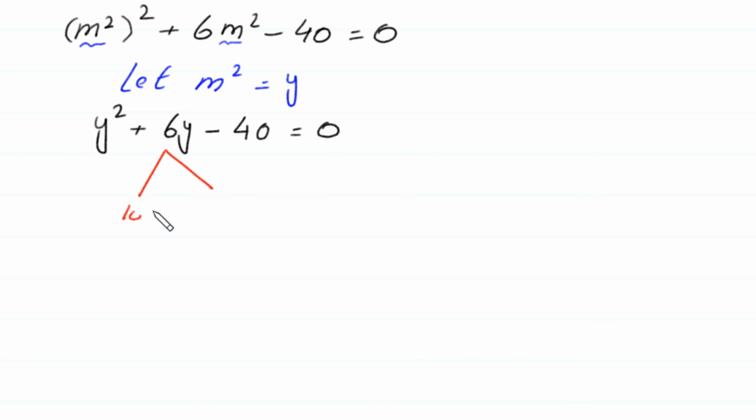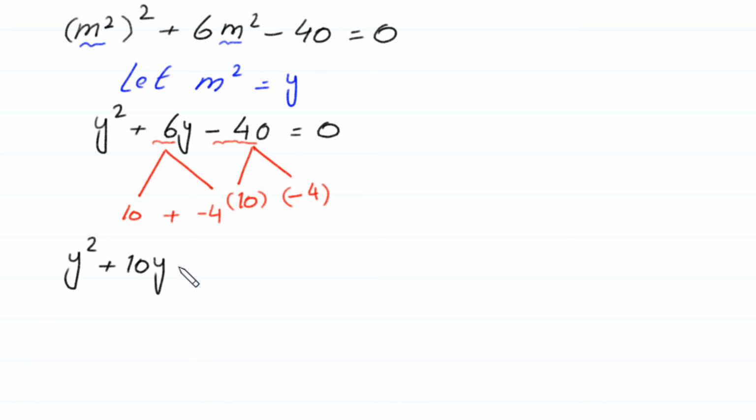The sum of 10 and negative 4 is equal to this 6, and the product of 10 and negative 4 is equal to this negative 40. So we can write this equation as y squared plus 10y minus 4y minus 40 is equal to 0.